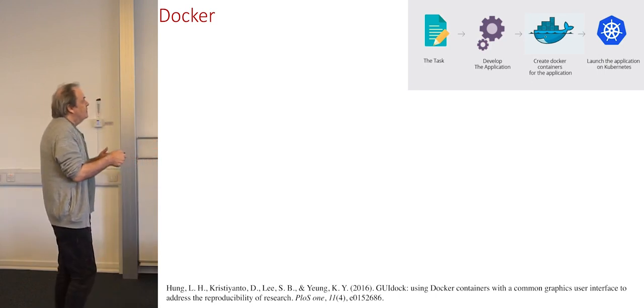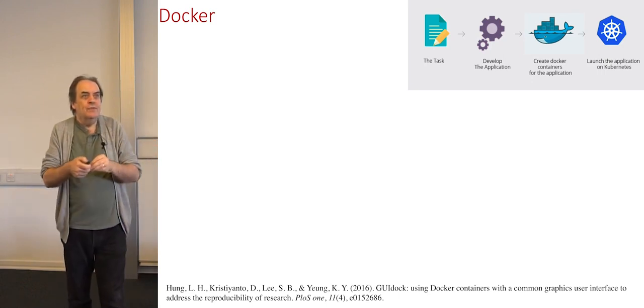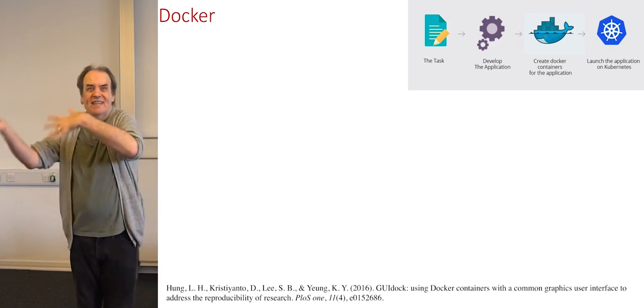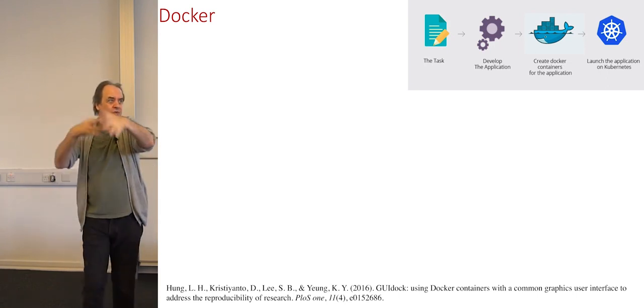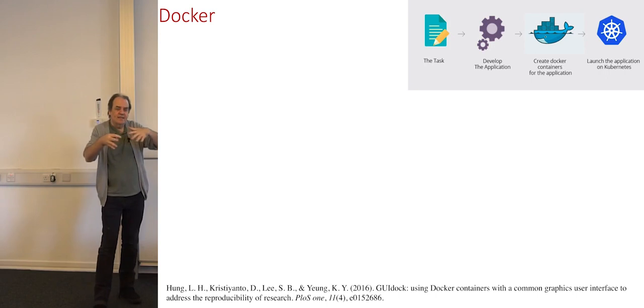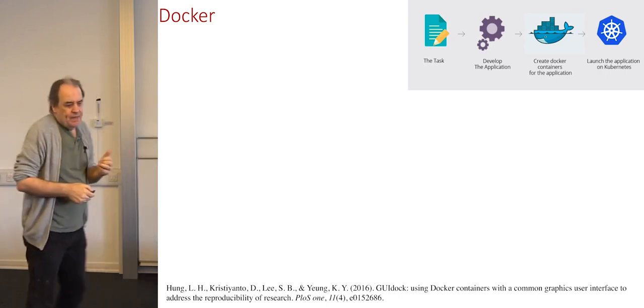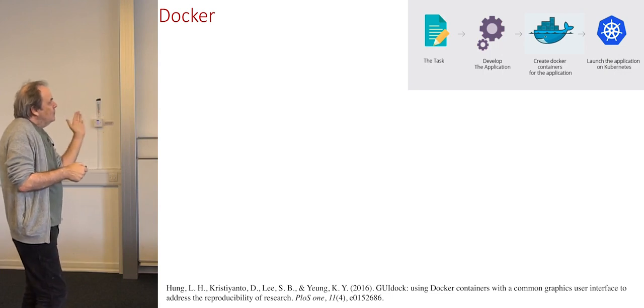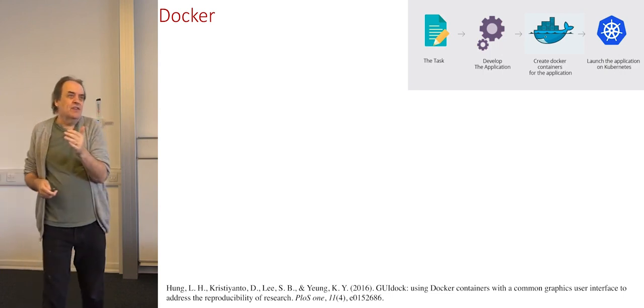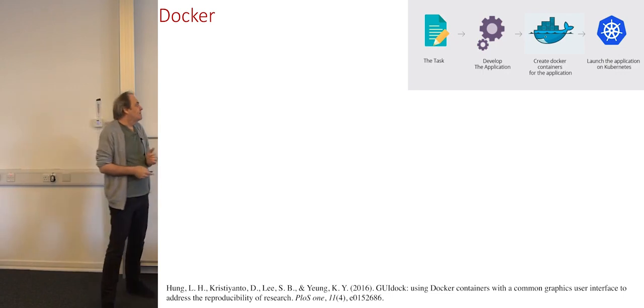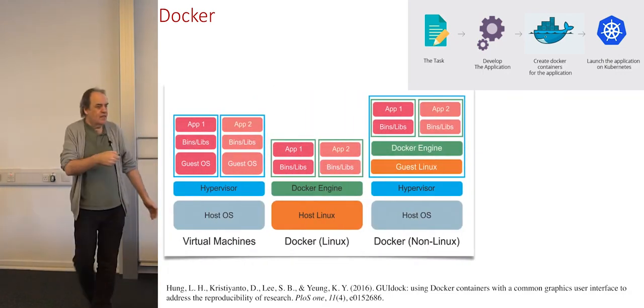Then we use Kubernetes to do all of that magic: the security, the load balancing and the orchestration to get everything up and running. This is now really the roadmap that many infrastructures are moving towards.